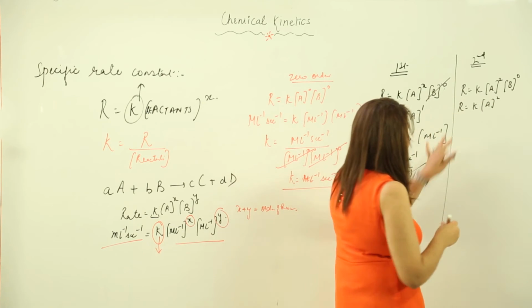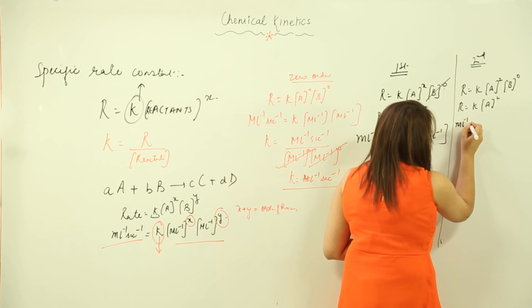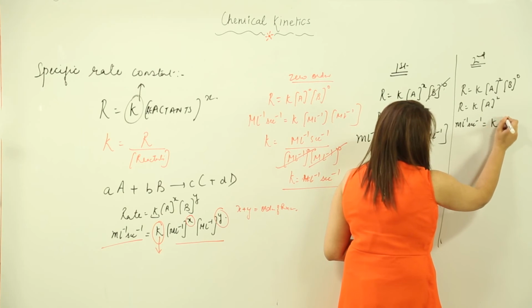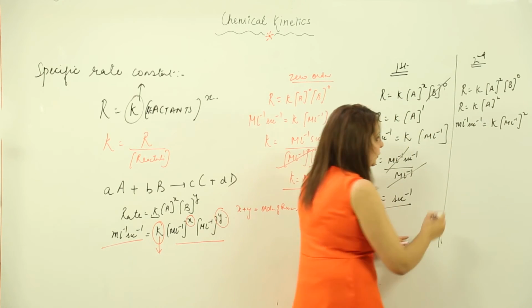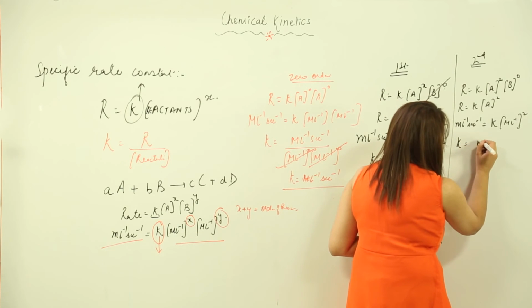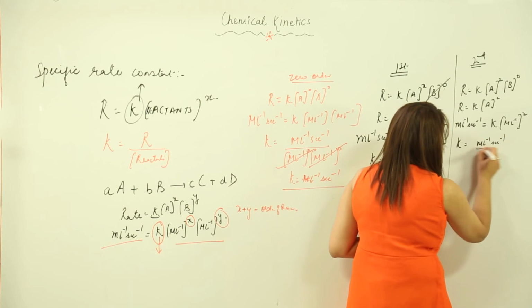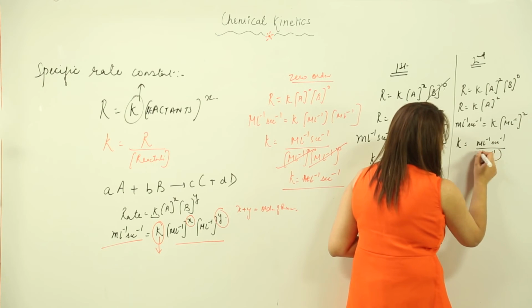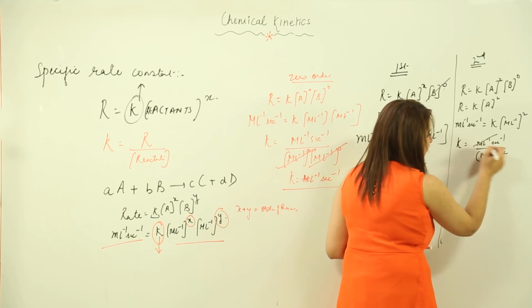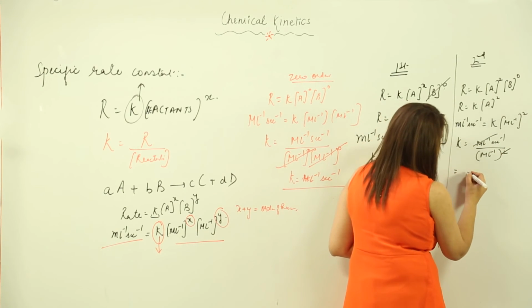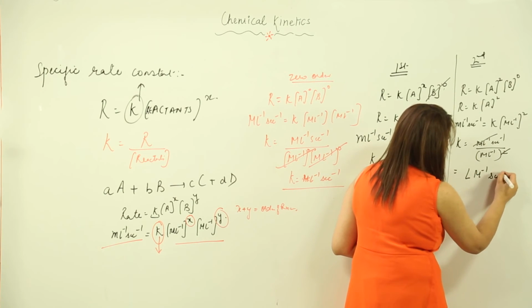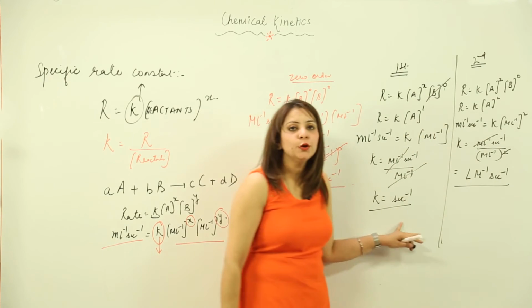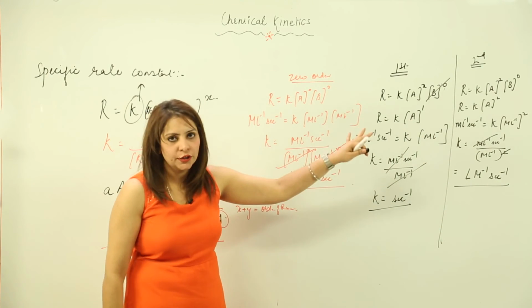We know that the rate is measured in moles per liter per second, K I have to find, and this is moles per liter squared. So the value for K becomes moles per liter per second divided by moles per liter twice. So this cancels out and it becomes liter per mole per second. This is the unit we are going to use for the second order reaction.